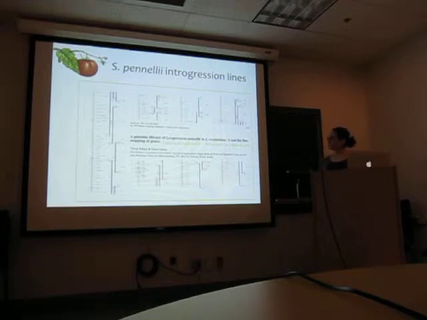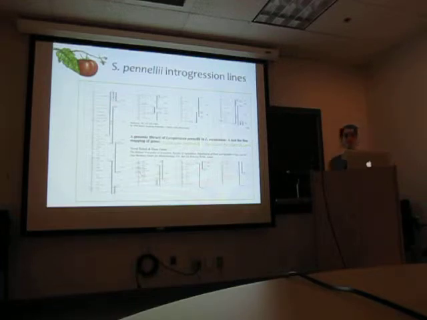This collection of introgression lines has been bred so that each line has its whole genome like Solanum lycopersicum, or cultivated tomato, except for one segment of one chromosome where it's homozygous for Solanum pinelli sequence. This is chromosome 1 shown here, and you can see this IL-11 has an introgression from here to here.